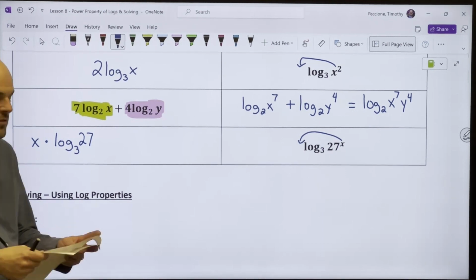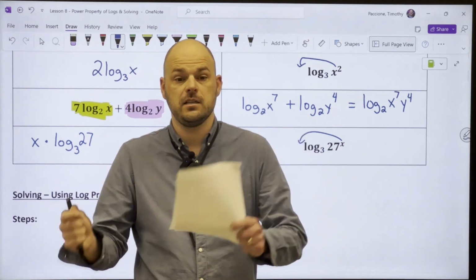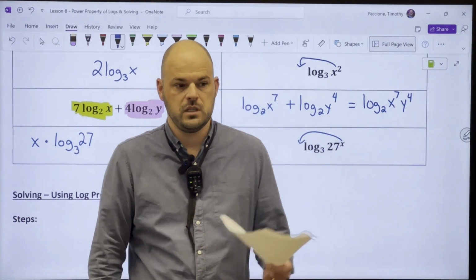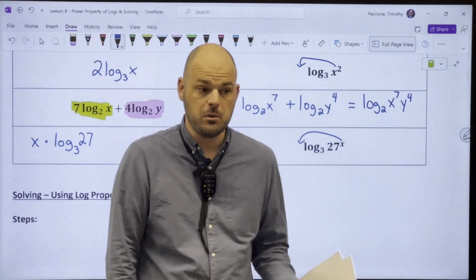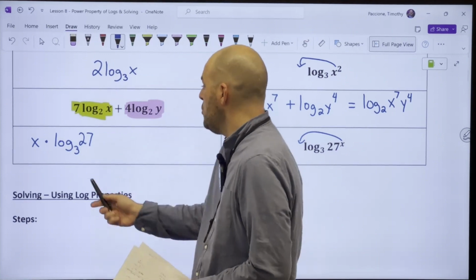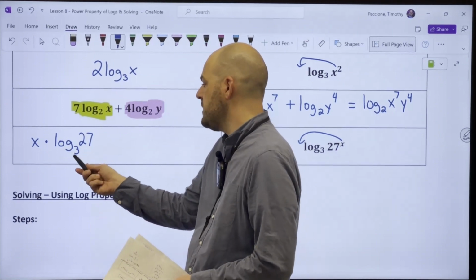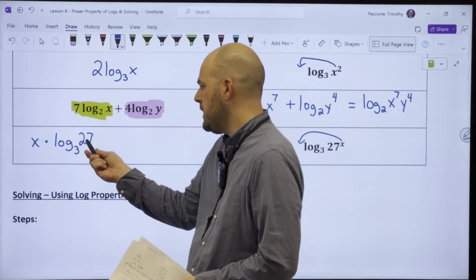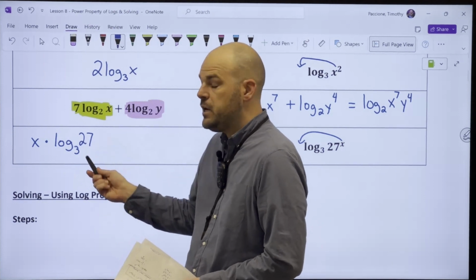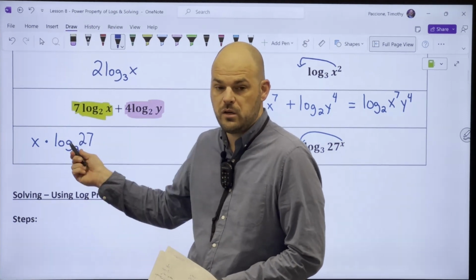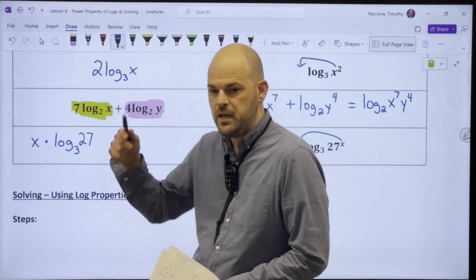Remember at the very beginning of logs, I said the log is the exponent. The log equals the exponent. So log base 3 of 27: here's my base, here's my answer, this equals my exponent. What's the exponent that goes with this? 3. You don't have to do that in your head.